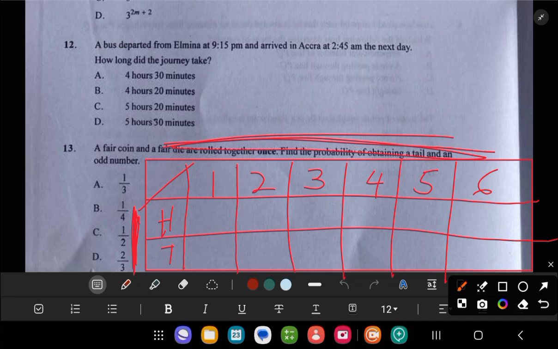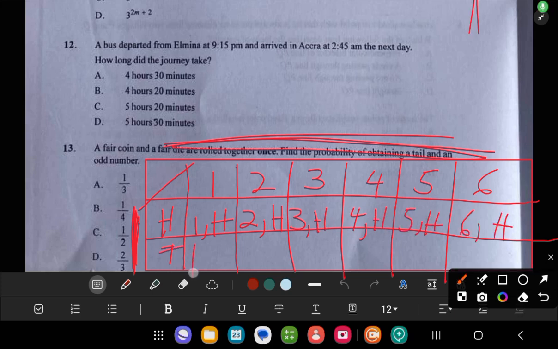So looking at the results that you get, you either have 1 and a head, 2 and a head, 3 and a head, 4 and a head. So 1 and a tail, 2 and a tail, 3 and a tail, 4 and a tail, 5 tail, 6 tail.